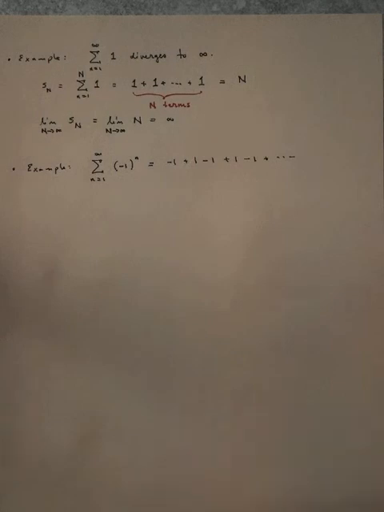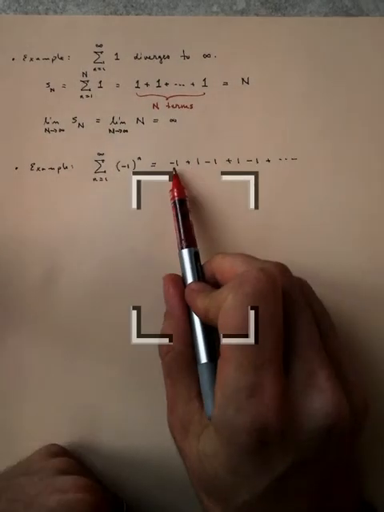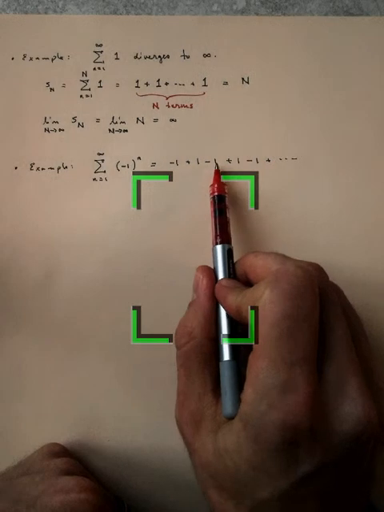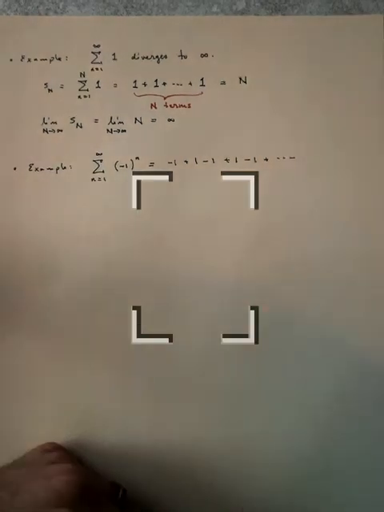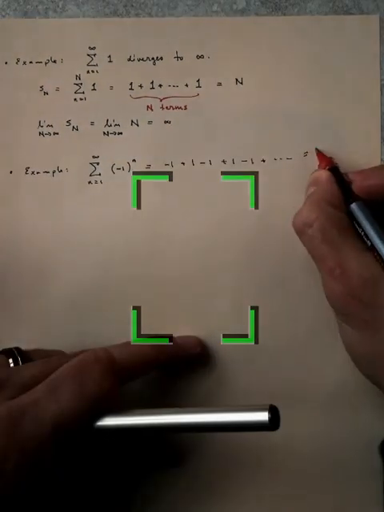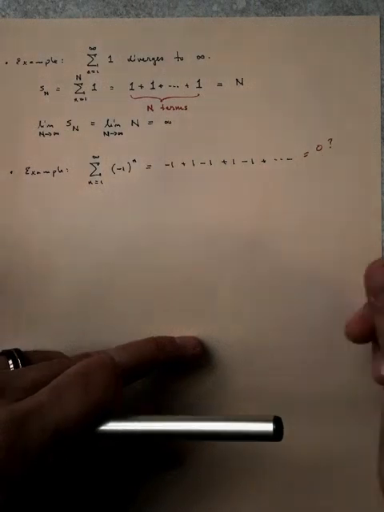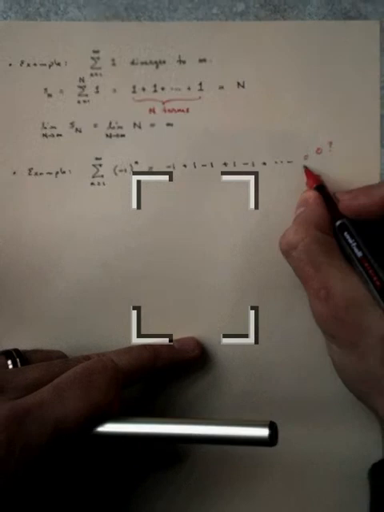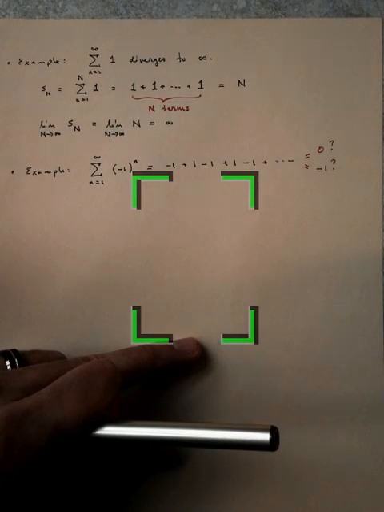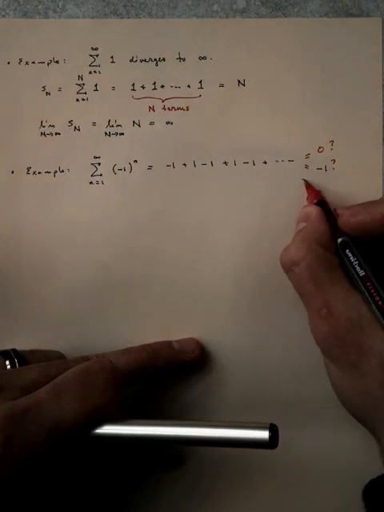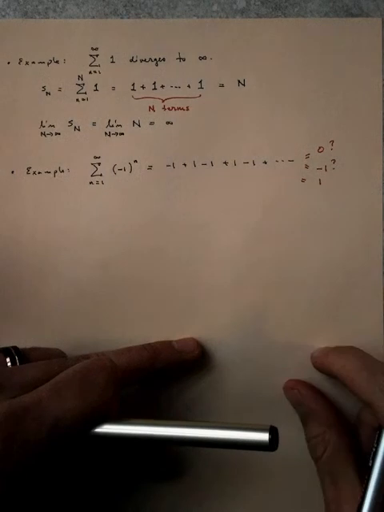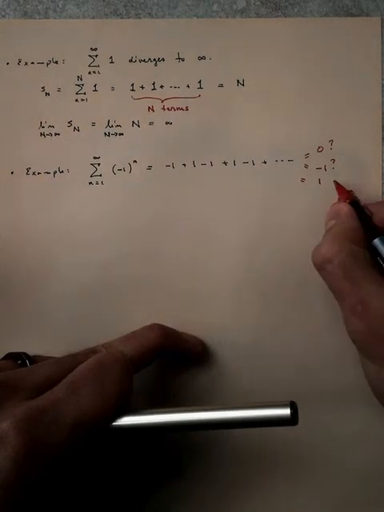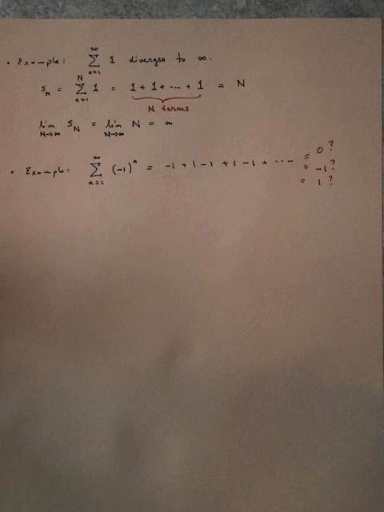So on one hand, you might think that this cancels with this, and this cancels with this to give you 0. So does this equal 0? On the other hand, this might cancel with this, and this cancels with this to give you negative 1. Or it could also equal 1 if you group them in a different way. So it's not really clear what the value of the sum is.